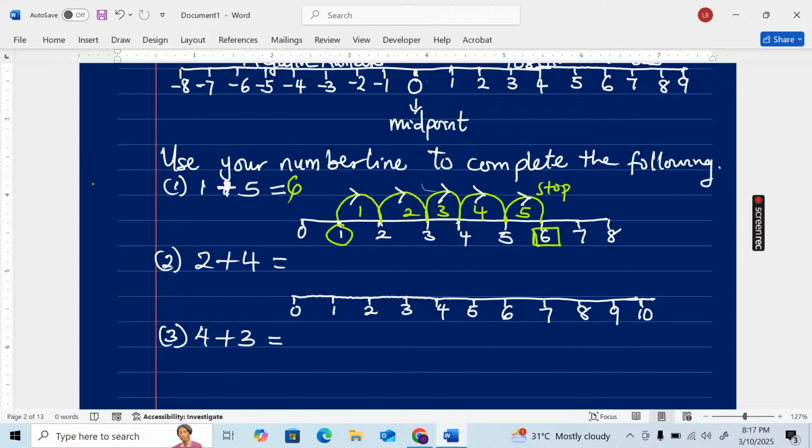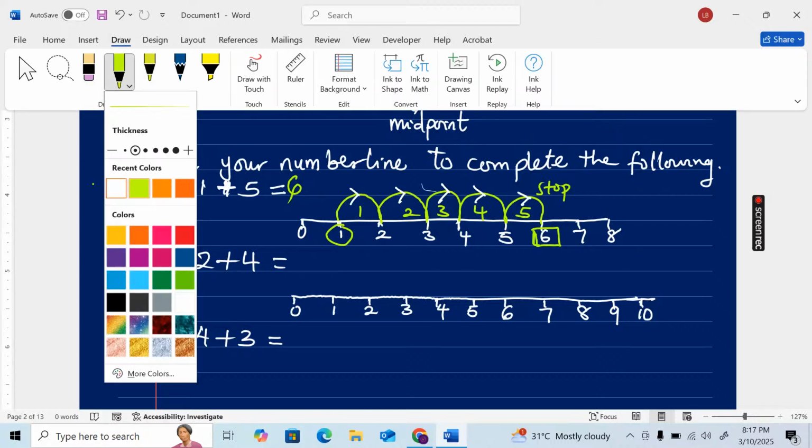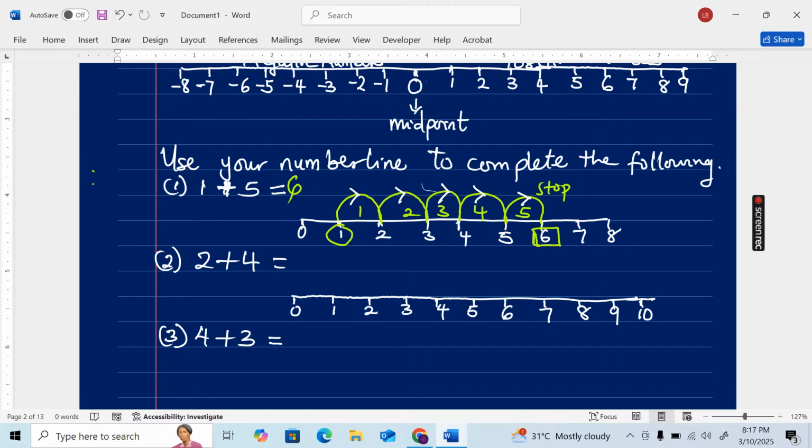So I'll go to my number line and circle the number 2. I looked for number 2 and I circled it because 2 is the first number in my question.